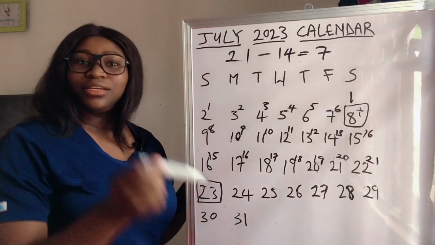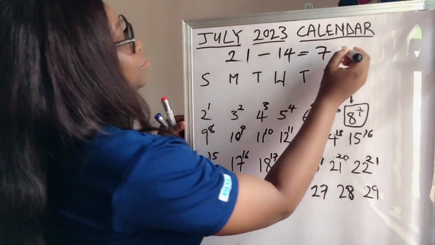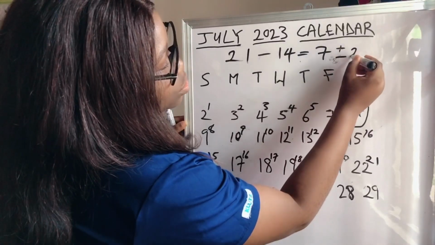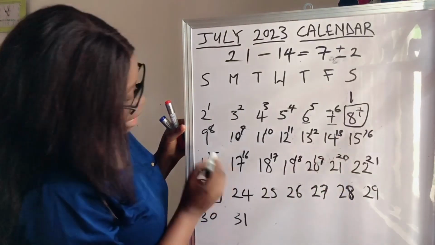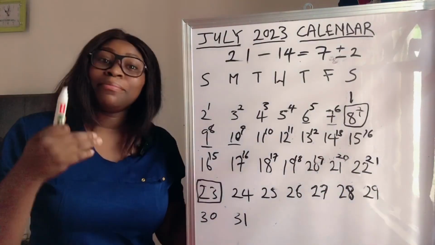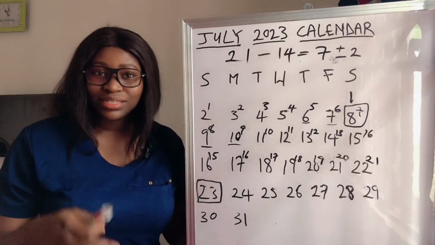So what do you do again? You add plus or minus 2 to day 7, which means you add 2 in front and 2 behind. A man's sperm can last for up to 3 to 5 days in a woman's body.